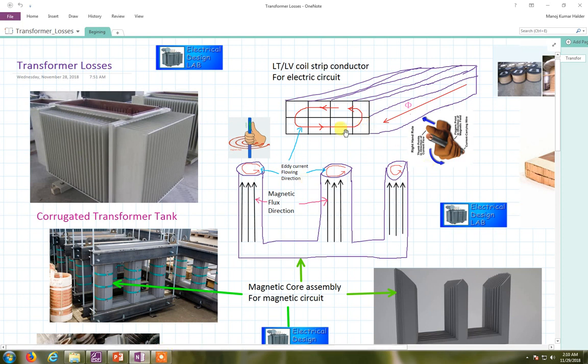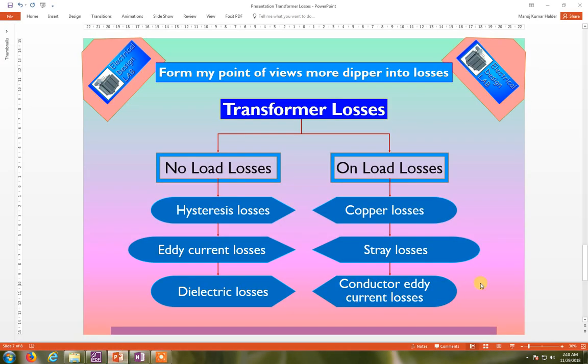That's why these losses are again equal to I square R. Here I is the amount of eddy current and R is the resistance of the conductor. So we understand what conductor eddy current losses are. Do you understand? Of course you understand.